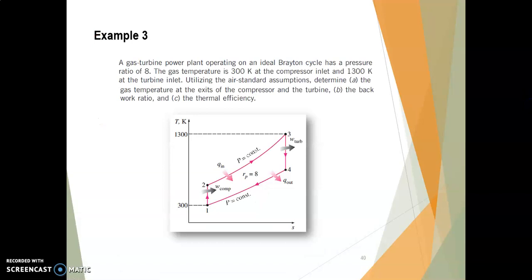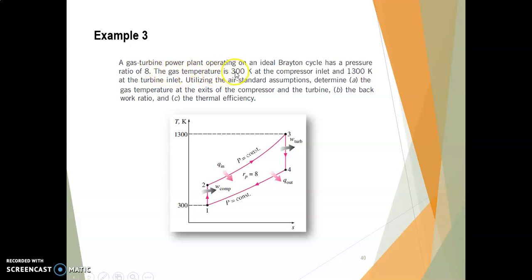This example will help us to understand the idea of the Brayton cycle. It's a gas turbine power plant operating on the ideal Brayton cycle. As you notice, all the cycles in this chapter are ideal, and this one has a pressure ratio equal to 8. Please remember that the pressure ratio is very important in the Brayton cycle, which will help to calculate either the temperature or pressure, and at the same time the efficiency.